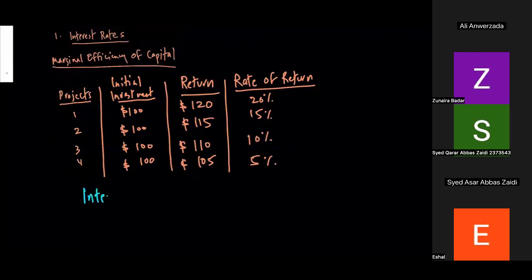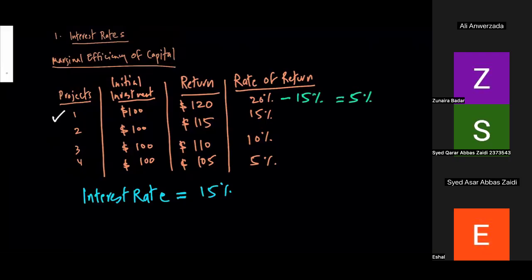If my interest rate is equal to, for example, 15%, then I can borrow money at 15% and invest in the first project, and 20% is my rate of return minus 15% interest, I will get a return of 5%.